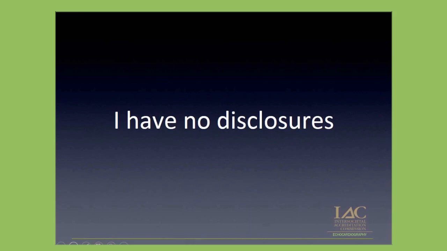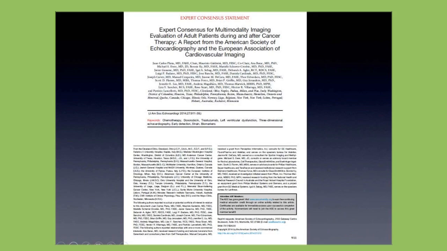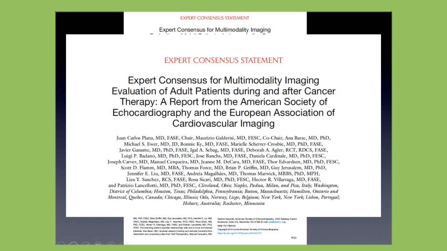I don't have any disclosures to make, and as I mentioned, we published this document in the fall of 2014, and this was the result of an enormous collaboration between 2 societies, the American Society of Echocardiography and the European Association of Cardiovascular Imaging.